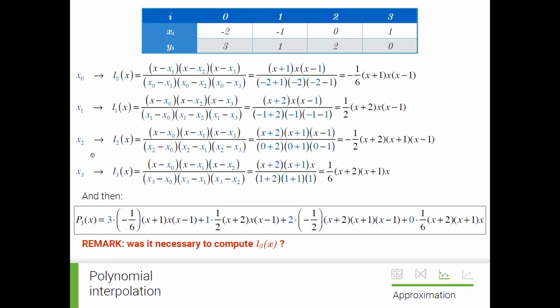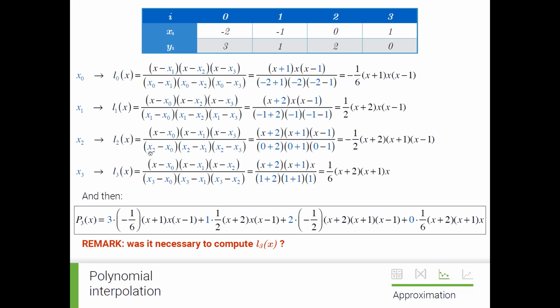And now x2. So the corresponding Lagrange fundamental polynomial, L2 of x. So here in the numerator we obtain the expression without x2 now. It will be just x minus x0, x minus x1, and x minus x3. Did you understand the law here? I think it's very easy to understand in this case.